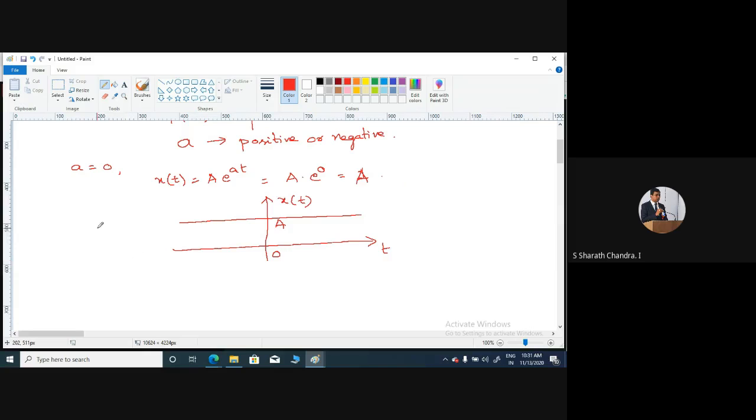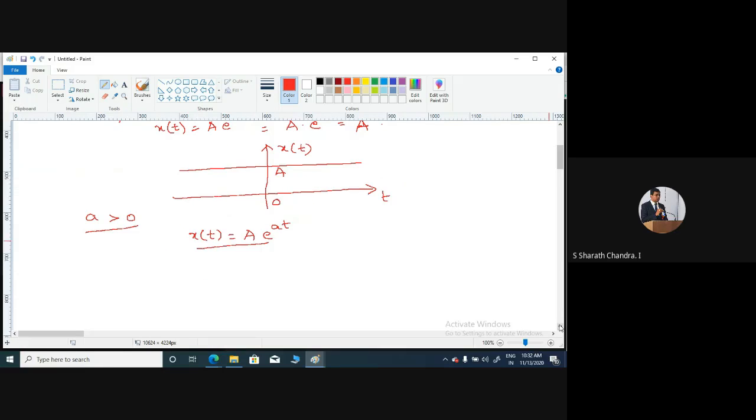Similarly, when a is positive, that is a is greater than 0, x of t is equal to A into e power at. Since e power at is an exponential signal with small a positive, it becomes a growing exponential, and the shape of this signal will be in this form.